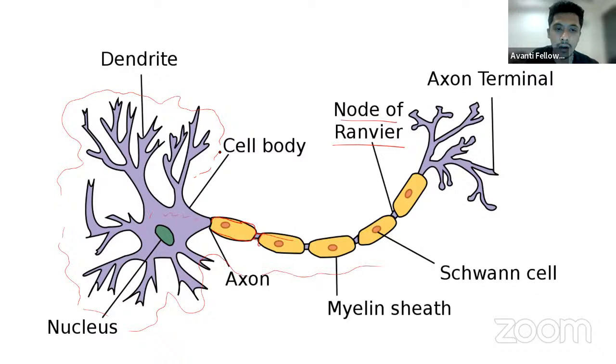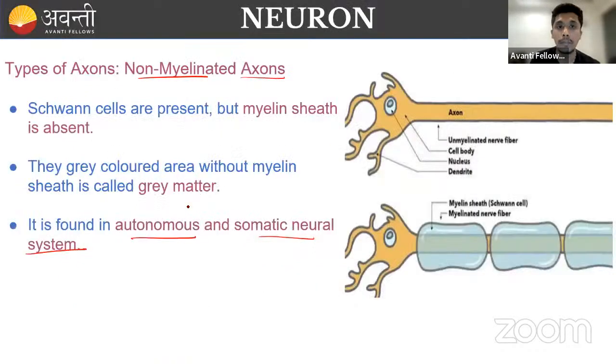If the outer area is positively charged, and the inner area within the cell is negatively charged, compared to the outside, then at that point we say that our neurons are polarized.